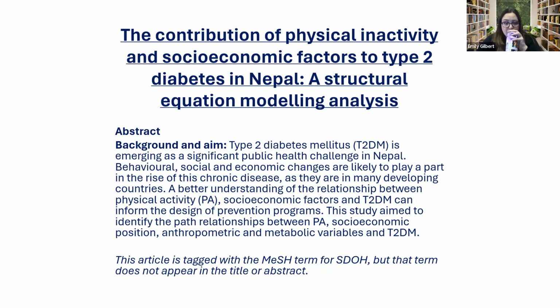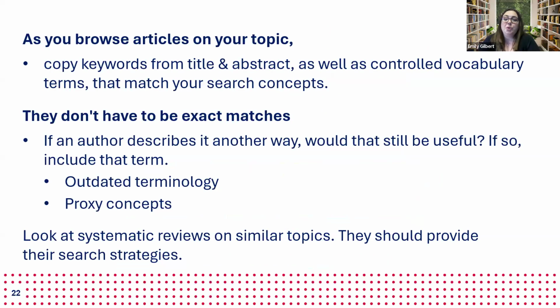So this is how you can start harvesting your search terms and your controlled vocabulary terms. As you are browsing, you can start copying down keywords from the title and abstract. You'll probably start to find synonyms, words that mean the same thing as your topic but may be slightly different.